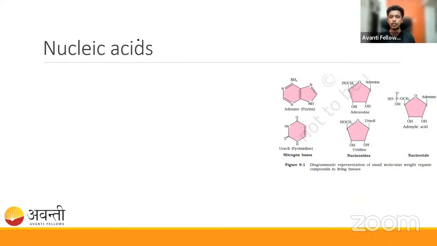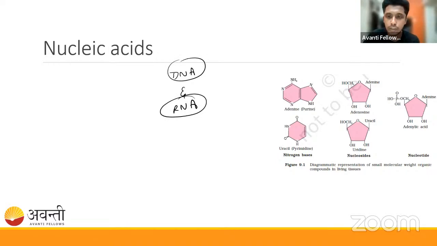So this is about lipids, and next we are going to nucleic acids. Nucleic acids are basically your DNA and RNA. They are also heteropolymers, heteropolymers of nucleotides. Nucleotides are made up of 3 important ingredients.